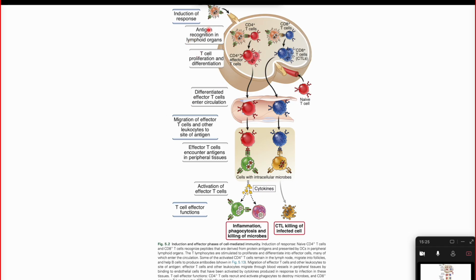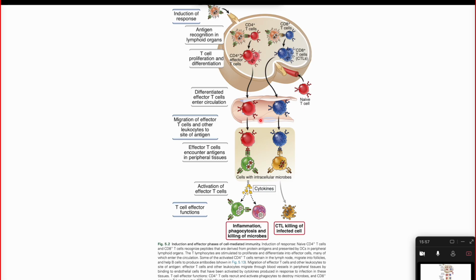Once the antigen is in the lymphoid tissue, the antigen will be recognized in the lymphoid organ. It can be via CD4 T cells and CD8 T cells. Now we know where CD4 positive T cells will help and where CD8 positive T cells will help. After this, the particular cells will be selected and allowed to proliferate and differentiate into the receptor which was effective against the pathogen.